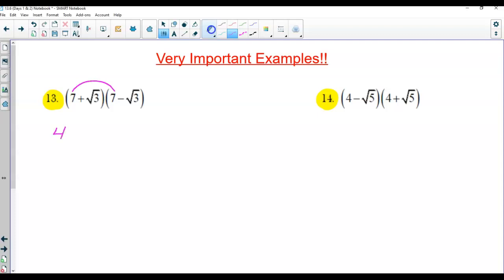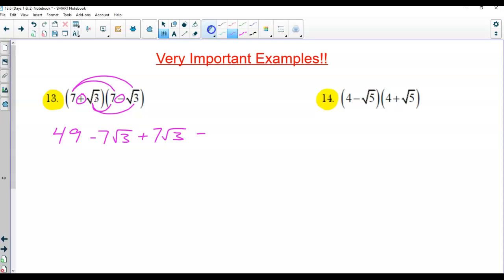7 times 7 is 49. 7 times negative square root of 3 gives me negative 7 square root of 3. And when I take the positive square root of 3 times 7, I get positive 7 square roots of 3. And when I take a negative square root of 3 times a positive square root of 3, a negative times a positive is going to give me a negative.